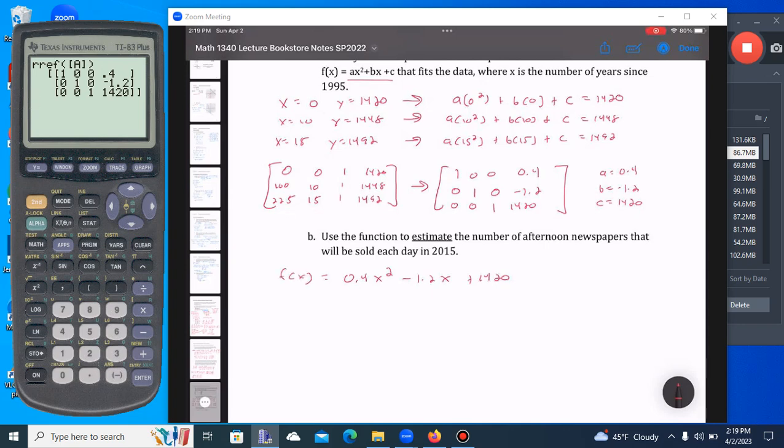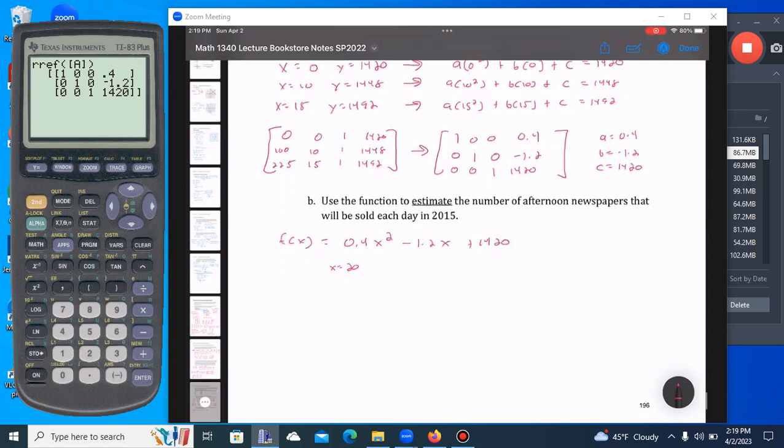Now we can use that to find an estimate of how much will be sold in 2015. 2015 is 20 years later, so x is 20. So when x is 20, f of 20 is going to be 0.4 times 20 squared minus 1.2 times 20 plus 1420.